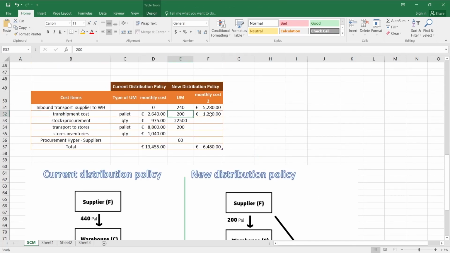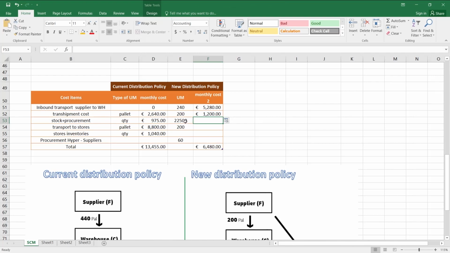This is why we are going to calculate the transshipment cost based on the 200 pallets that we need to handle within the central warehouse C. So here we have 200 pallets times 6, and that will give us 1,200 euro.